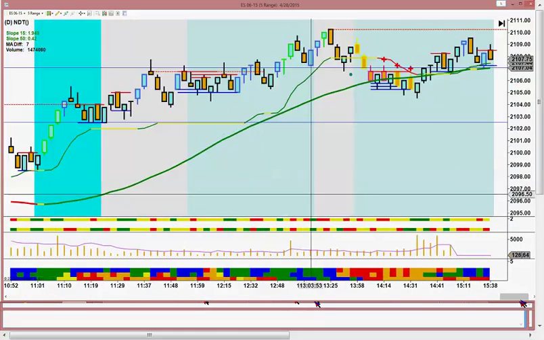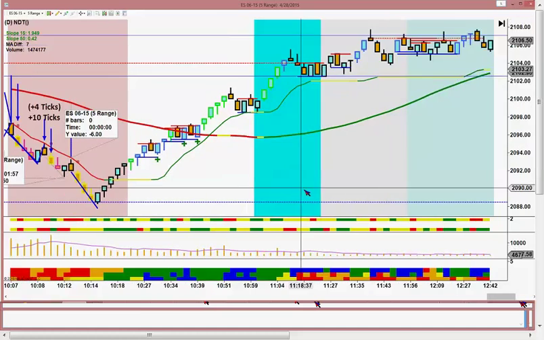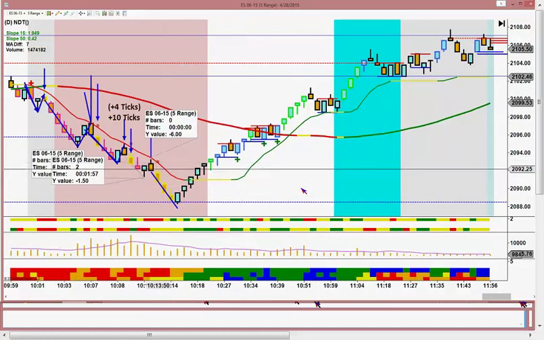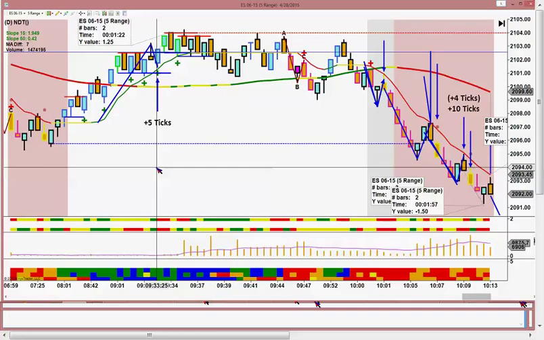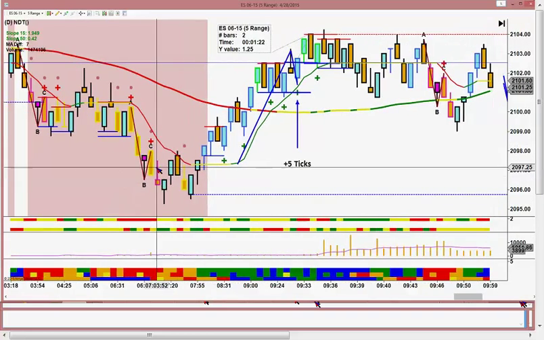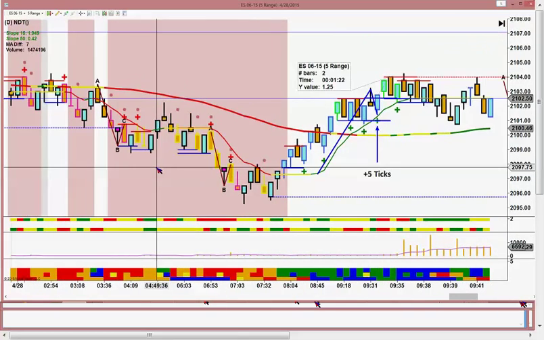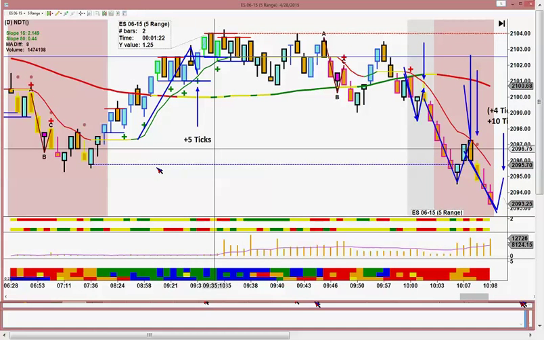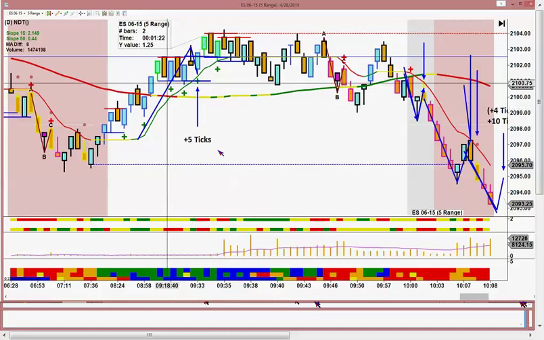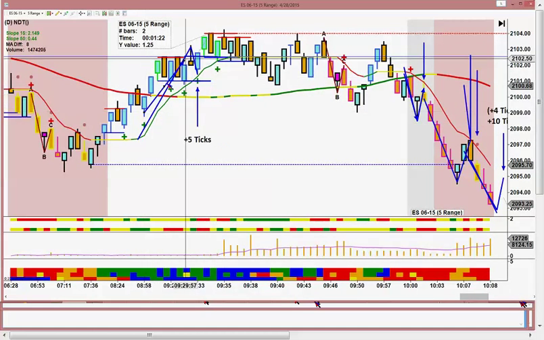And let's take a look at it today. Let's start from the beginning. I think I had 3 trades on the ES, but maybe I only had 2. Here was the first trade that I took. It was a move up. It was a retracement.